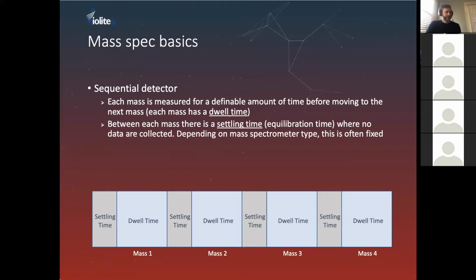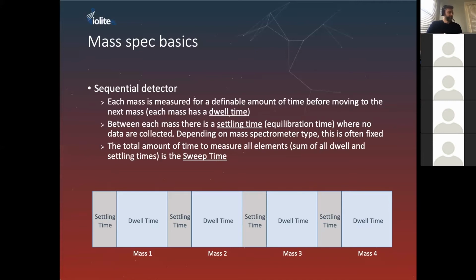Between each dwell, there is normally a settling time, sometimes called an equilibration time. This is where the mass spec is not actually counting data because it's in a state of flux. The total amount of time it takes to measure all the masses, including all the settling times, we'll call the sweep time.